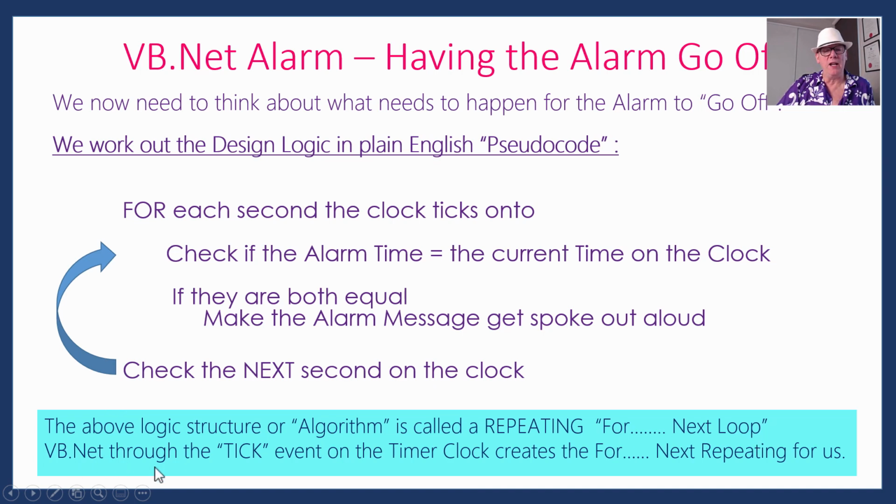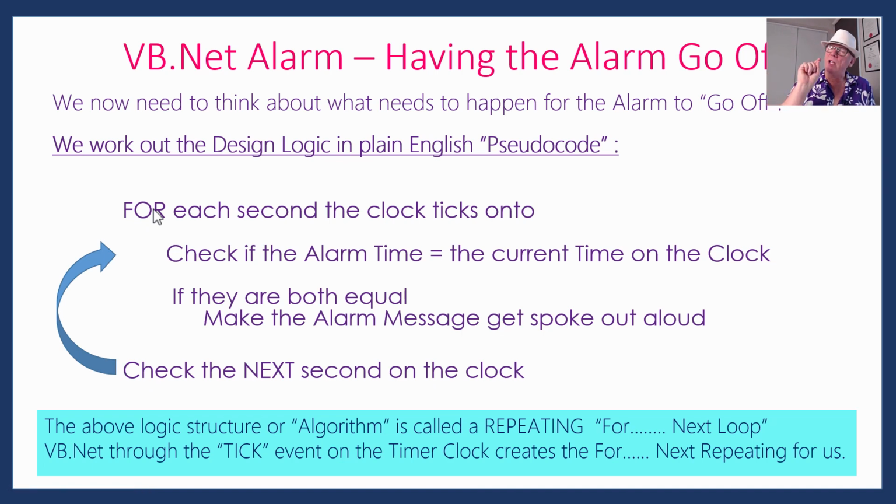Now, VB.NET, through the tick event on the timer clock, creates the for next for us. So some programs, this is getting ahead of where we are now, but some programs you will actually have to write a for statement, and at the bottom of your loop you'll have to have a next statement. But in this program we don't actually have to code in the for next because we've got that little clock with its tick event doing that for us.